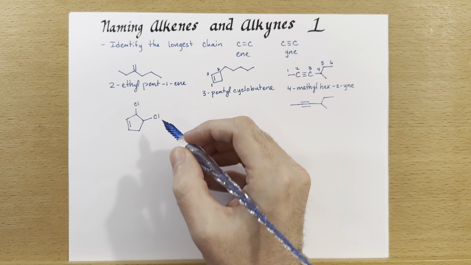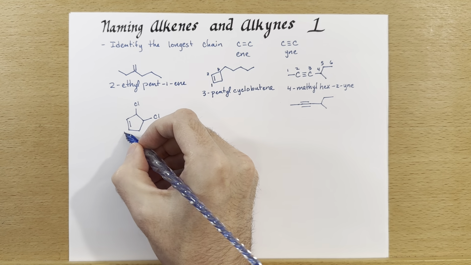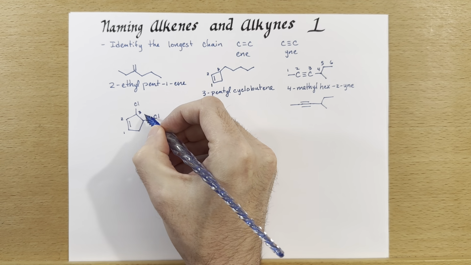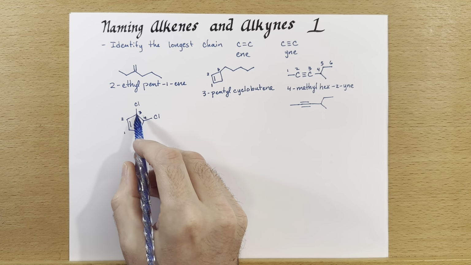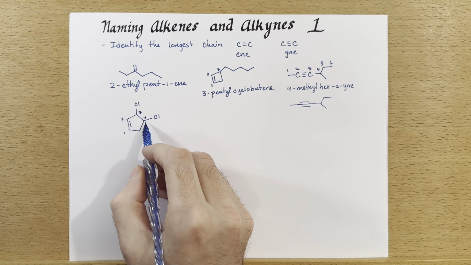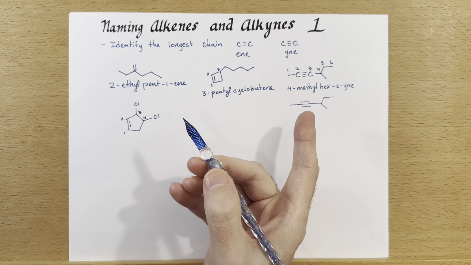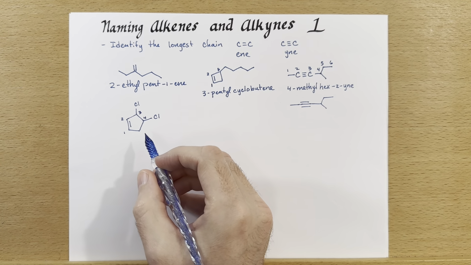Now, if we count the other direction, 1, 2, 3, 4, you'll see that the chlorines are at a lower number. That's the correct way to go around this particular ring.